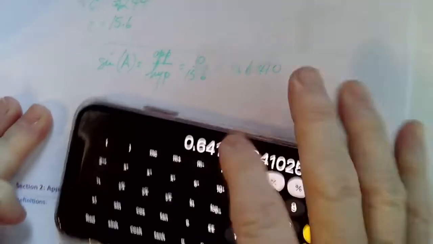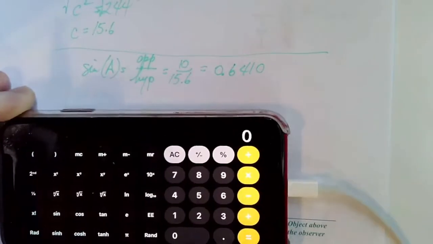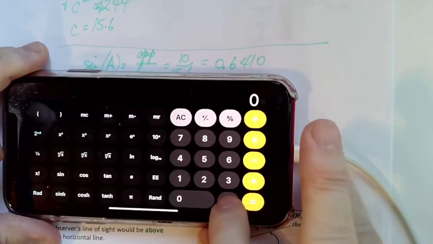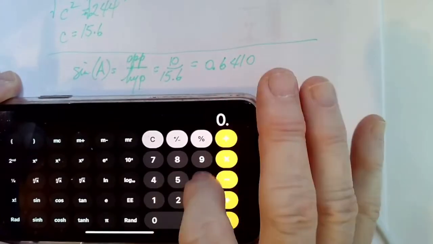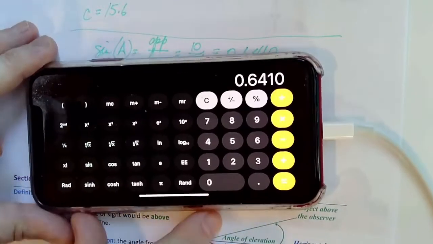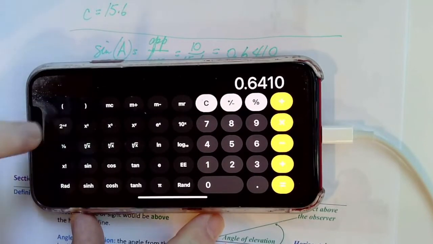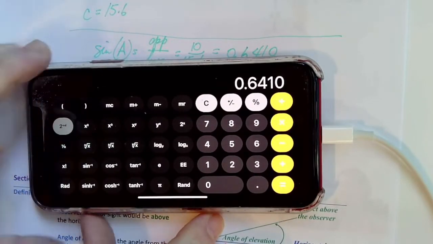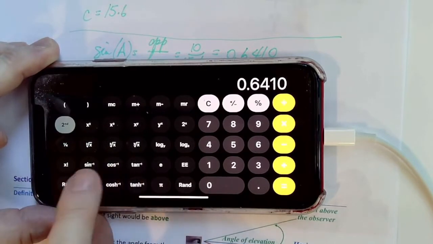But wait, we don't know the angle, but we do know about inverses. So I'm going to tap in 0.6410, and this is how it is on my calculator anyway. I put second, and now I've got these inverse trig functions.